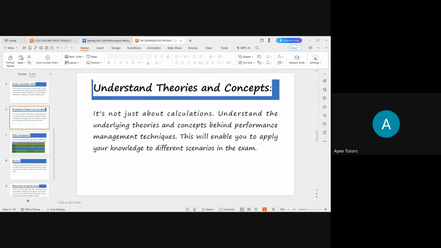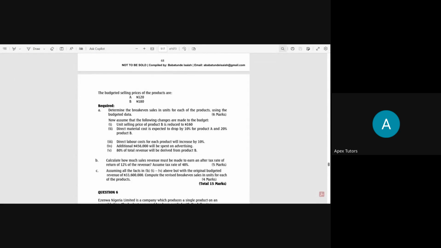All right, thank you very much for that. So the other part of the question, the last part of the question, is: assuming all the facts in B1 to 5 above, but with the original budgeted revenue of 33,600, compute the revised break-even sales in units for each of the products.